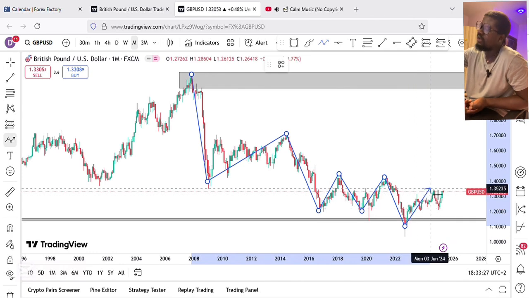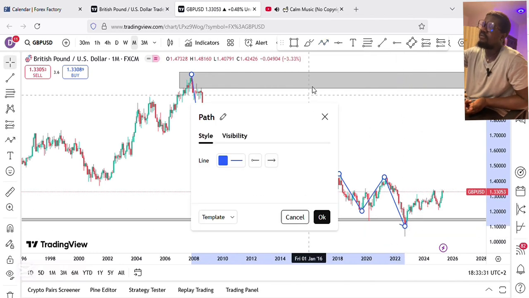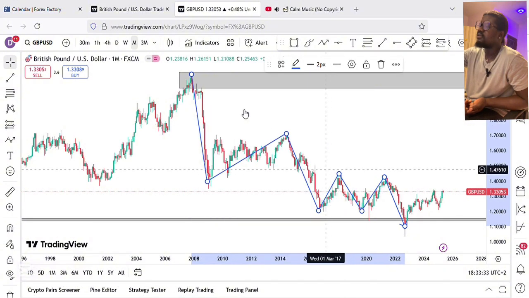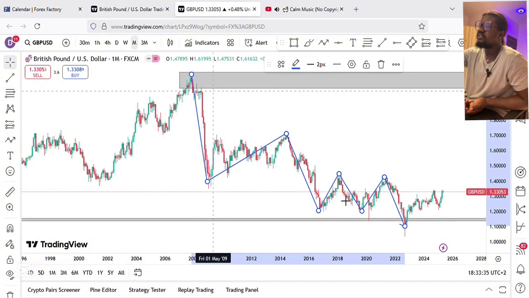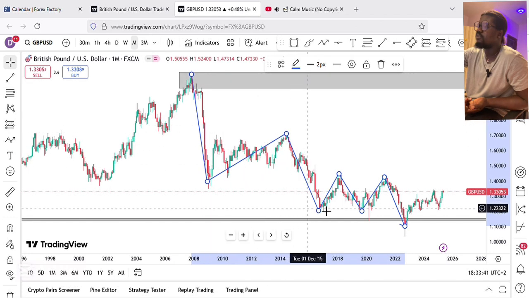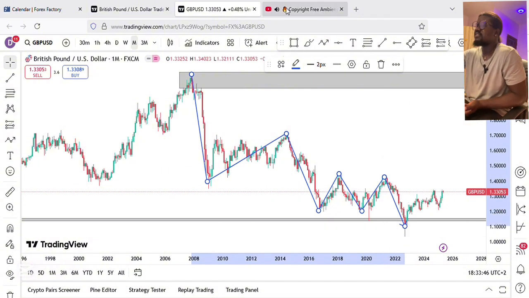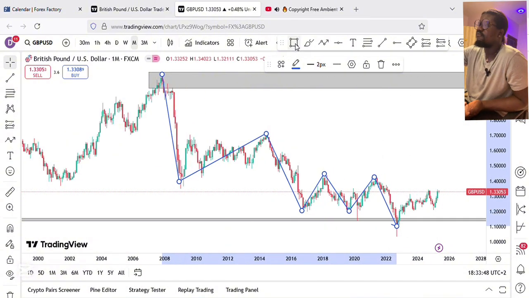Lower high, okay, we have a lower high. So we check, we place this right, so right now we can see that on the monthly time frame, lower high, lower low, lower high, lower low, lower high, lower lows. You can see that it's established that we're on a downtrend, very clean downtrend.